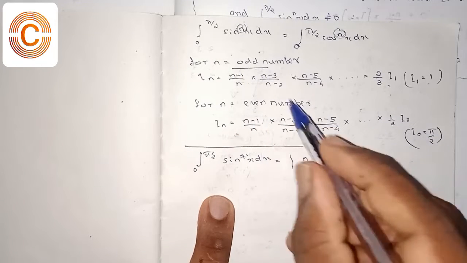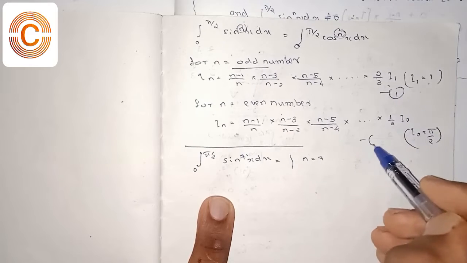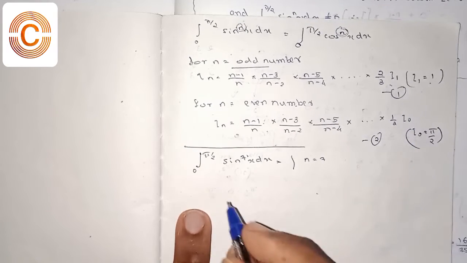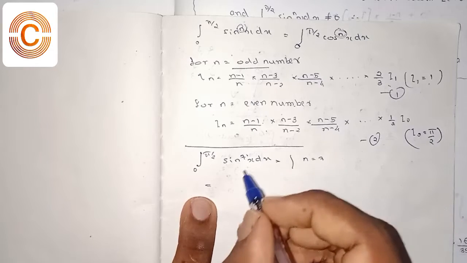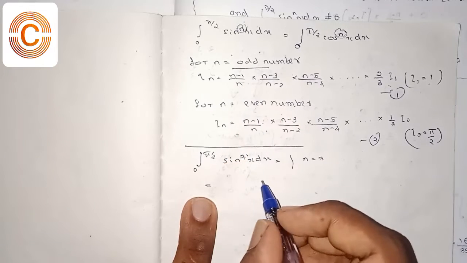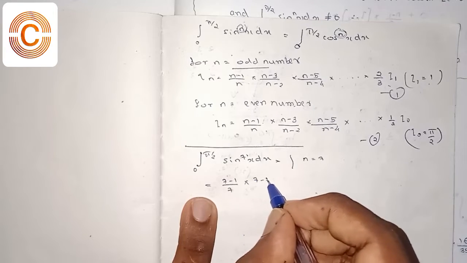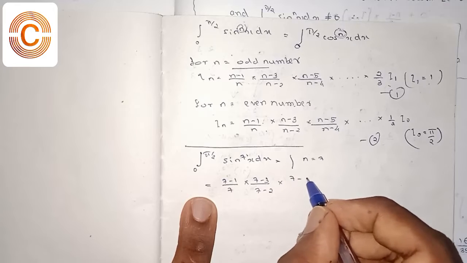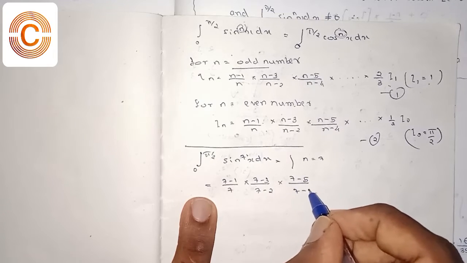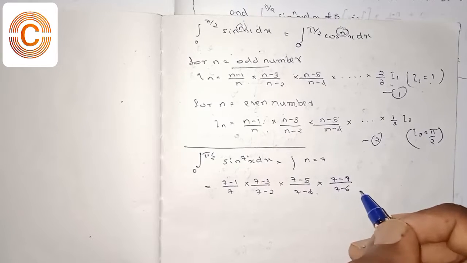Therefore we put n equal to 7 in the first formula, and then we can get the solution. That is (7 minus 1) divided by 7 into (7 minus 3) divided by (7 minus 2) into (7 minus 5) divided by (7 minus 4) into (7 minus 7) divided by (7 minus 6).